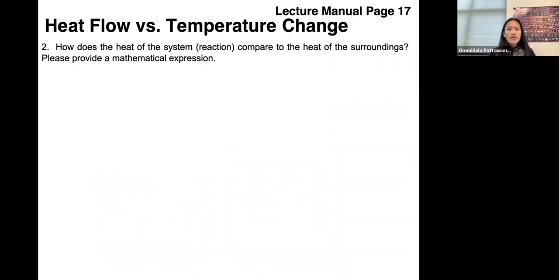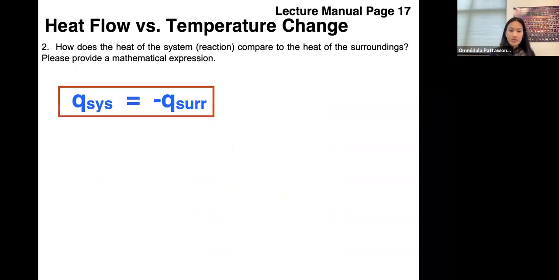All right, the second one is we're going to look at how the heat of the system compares to the heat of the surroundings. I'm going to use a mathematical expression to help us understand this. We know that if one loses, the other has to gain, and if the other gains, the first has to lose. Therefore, the Q amount, or the amount of heat, is going to be identical, however they are going to have opposite signs. The sign tells you whether it is losing or gaining.